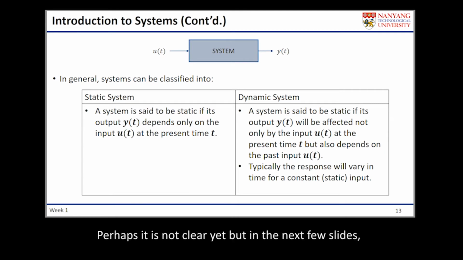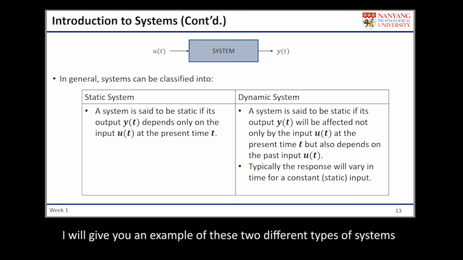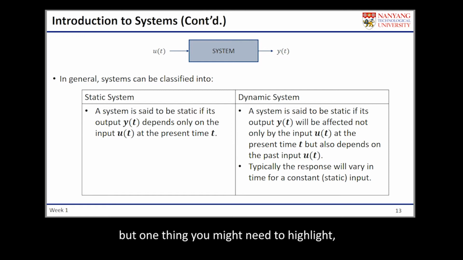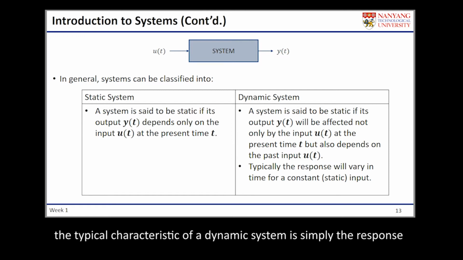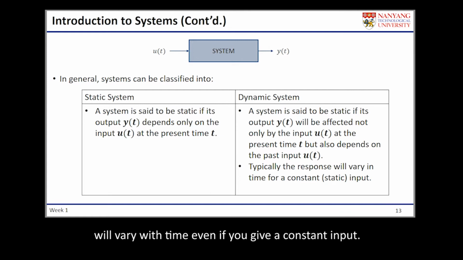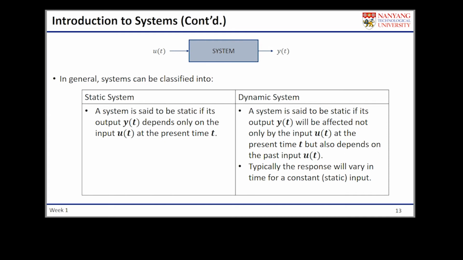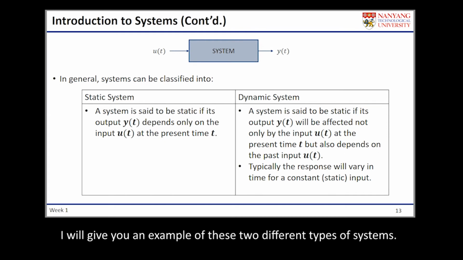Perhaps it's not clear yet, but in the next few slides, I will give you an example of these two different types of system. But one thing that you might need to highlight, the typical characteristic of a dynamic system is simply the response will vary in time, even if you give a constant input. Okay, I will give you an example of these two different types of system.